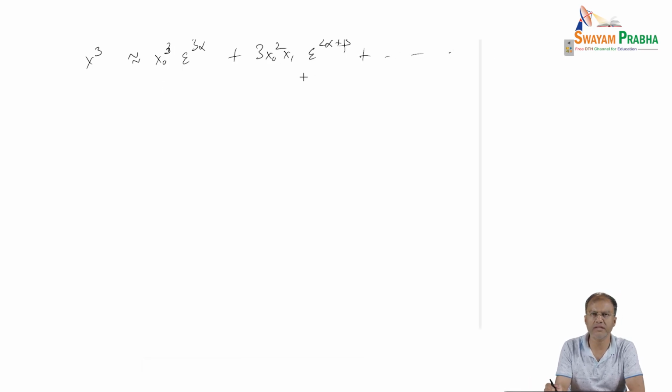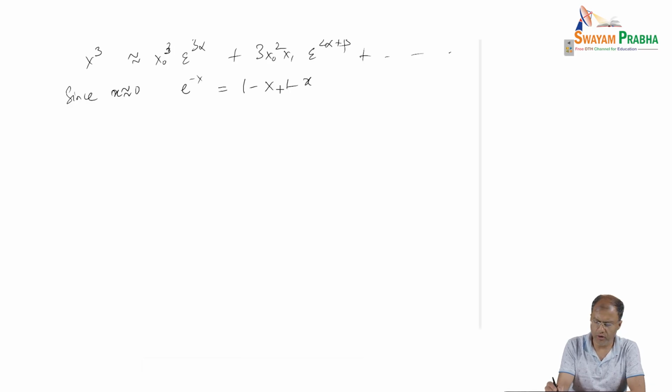So these are the two largest order terms in the expansion of x cubed. And since x is close to 0 in the leading order solution of this problem, we expect that e to the power minus x can be expanded about x equal to 0, as follows.